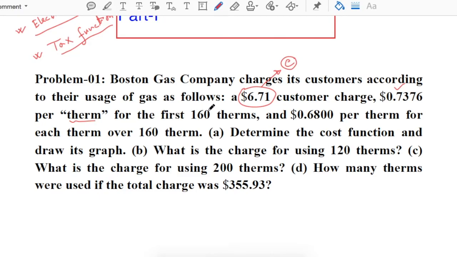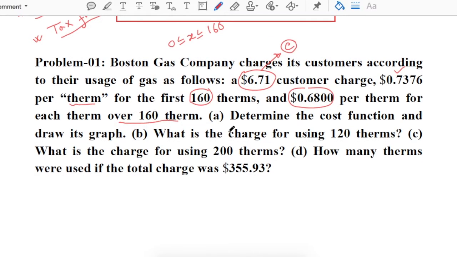So for the first 160 therms, your first piece or first range will be from 0 to 160, if x indicates the number of therms, and the second piece will be over 160 therms, and the price per therm will be $0.68.